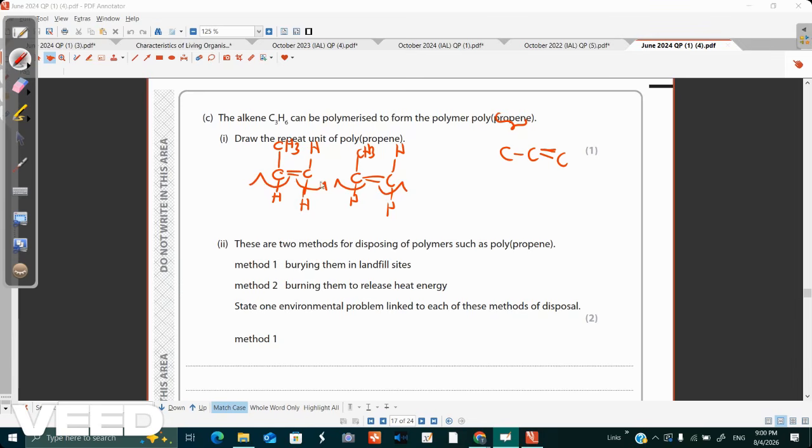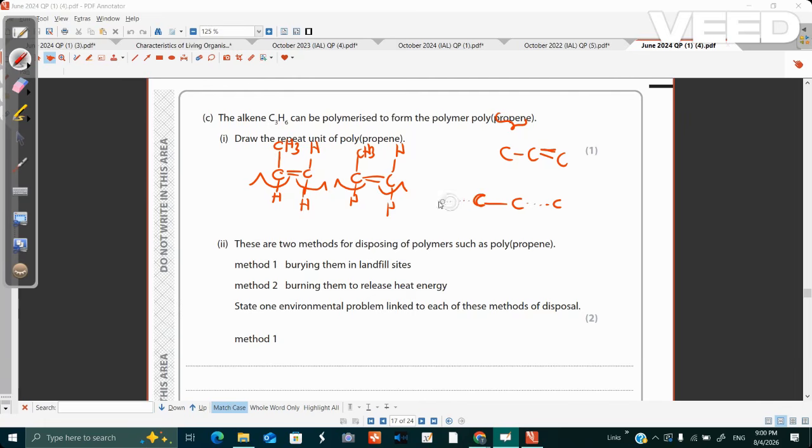So these two are, for now, just say they are getting connected. When they are getting connected, this is the new bond formed. And remember, they are connecting with the other neighboring similar molecules the same way. So you have to think of the back end also.